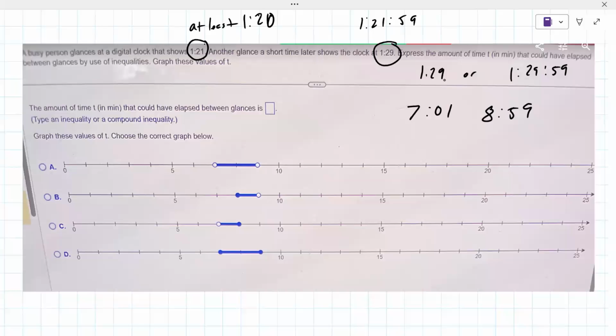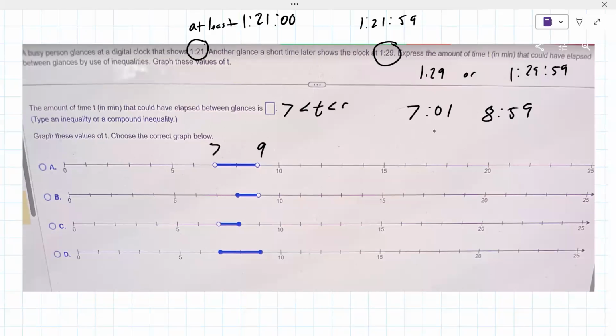Or I guess, right, I'm sorry. Zero, zero. I guess it's right. Sorry, I'm doing this wrong. 0, 0. That's right. So it's anywhere from 7 to 9, but not including the endpoints. Does that make sense?